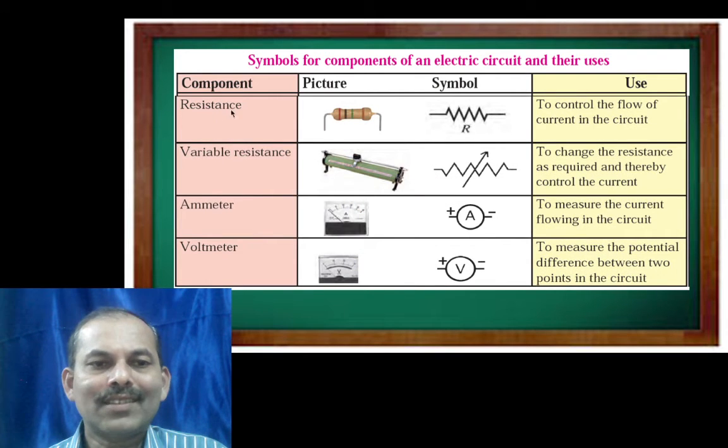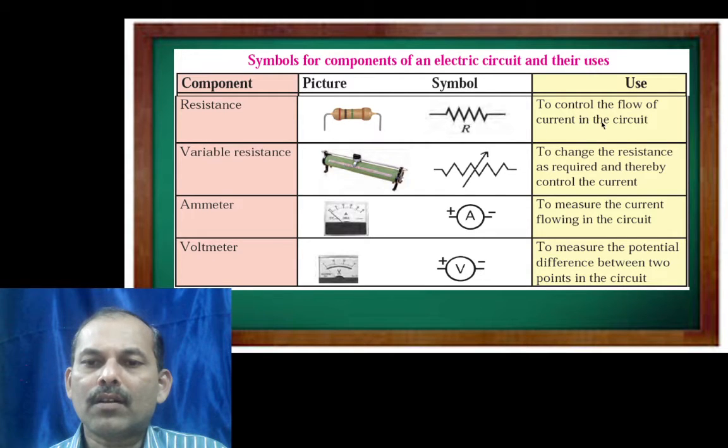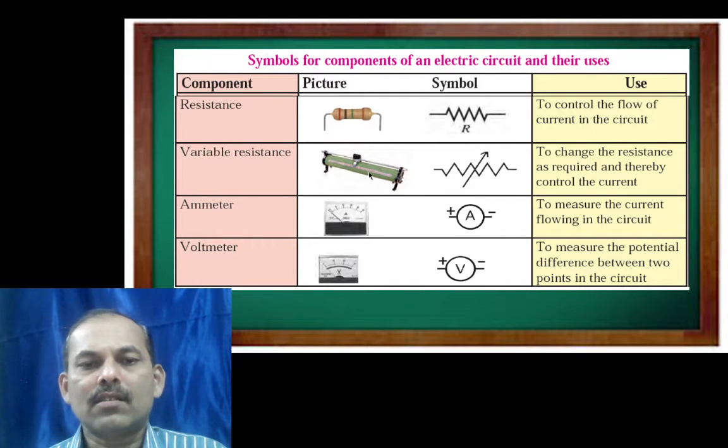Next component is resistance. The picture of resistance is like this, but we draw the symbol like this. To control the flow of current in the circuit, we use this resistance. Then variable resistance, the symbol is like this, used to change the resistance as required and thereby control the current.